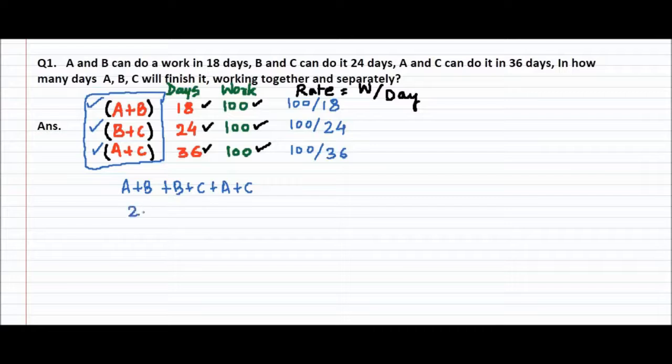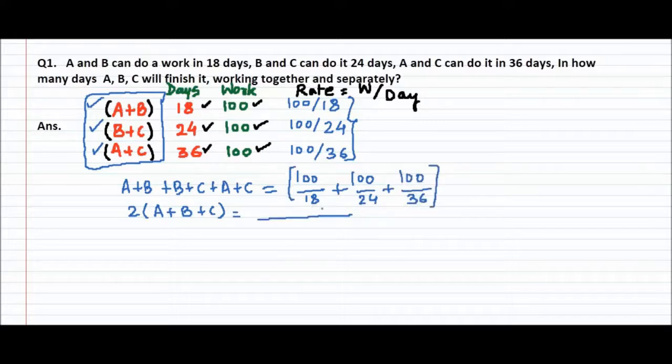I will get 2 times of A plus B plus C. On this side, I am doing the addition of the rates. So their rates are getting added. So very simple, 100 divided by 18 plus 100 divided by 24 and then 100 divided by 36.